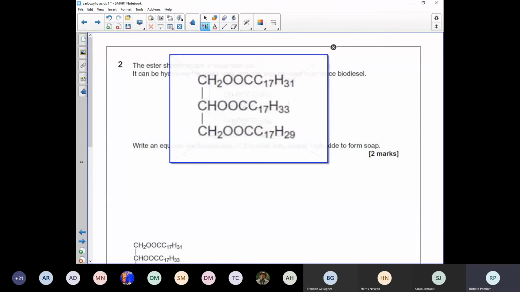So when they see these sort of large formulas, just wondering where to go with it. As soon as you see that, you probably know that you're looking at this triglyceride question. It might be biodiesel, it might be soap.